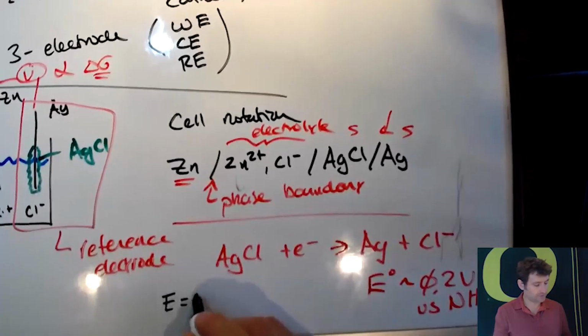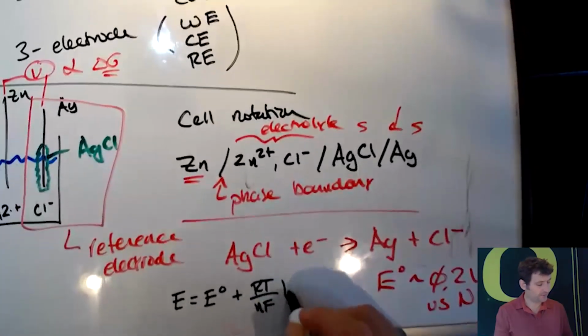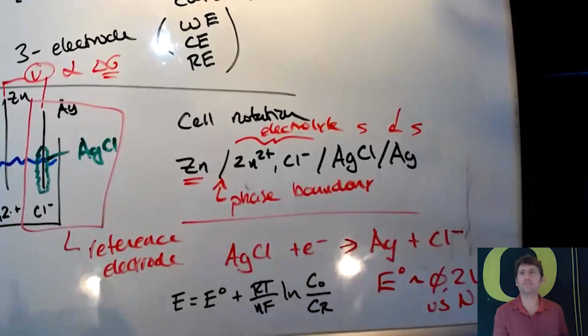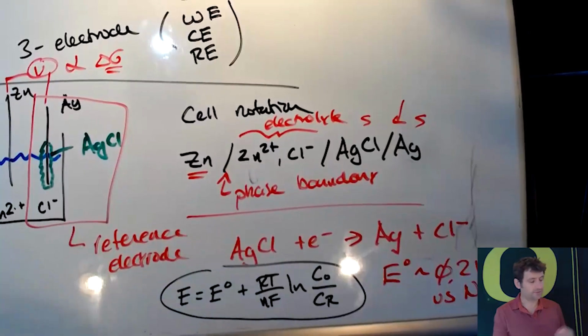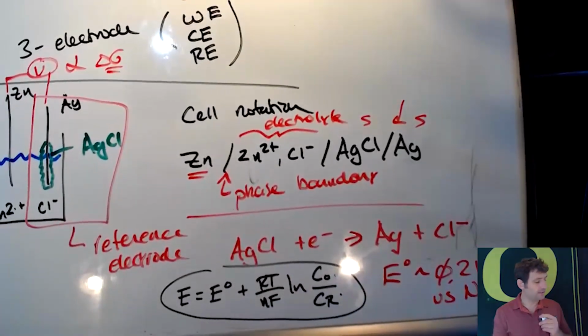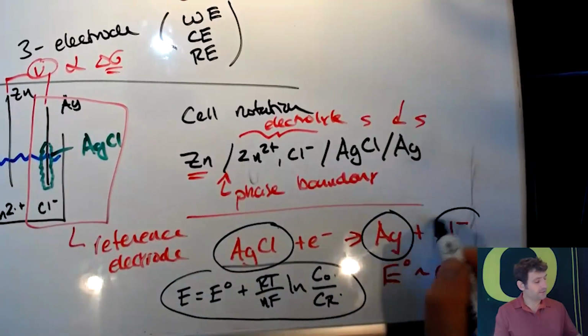E equals E naught plus RT over nF, ln concentration of O over concentration of R. This is, of course, just coming from the fact that the delta G depends on Q, right? It depends on the concentration of species in the chemical reaction that you're describing. O and R in this case, well, what are O and R? Well, it's just silver chloride and silver and Cl minus.